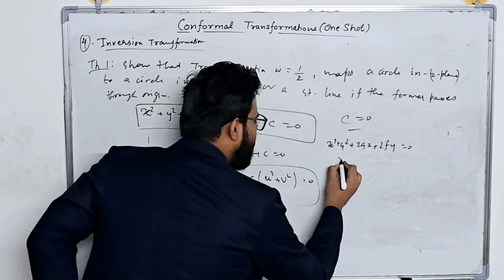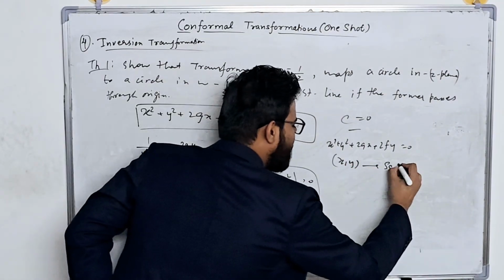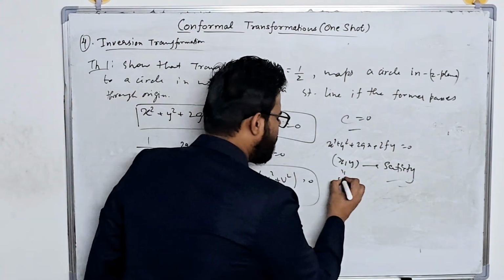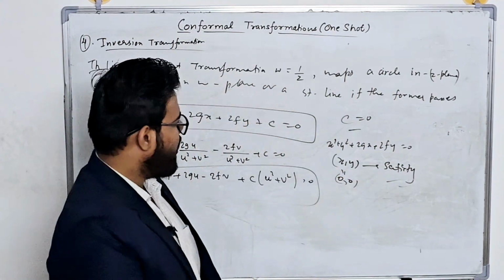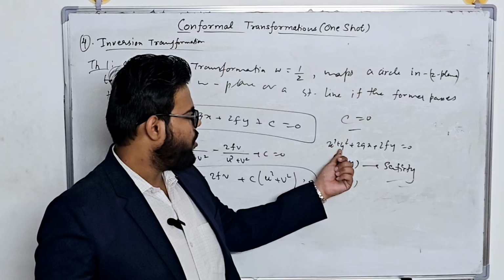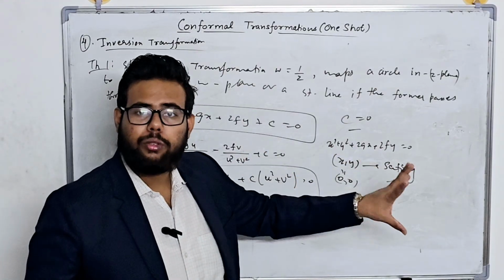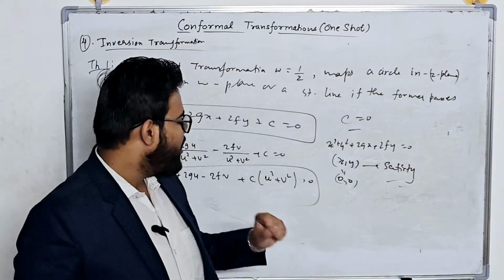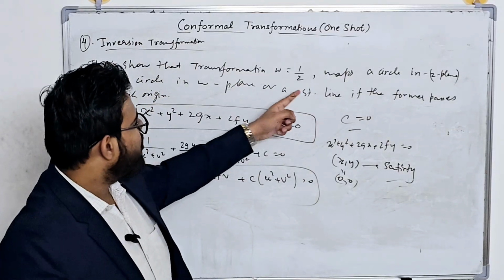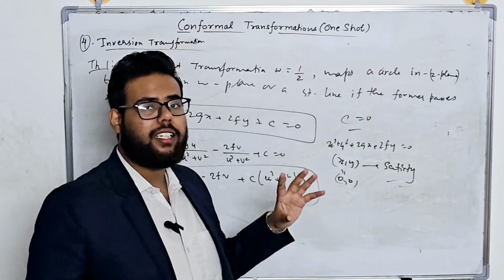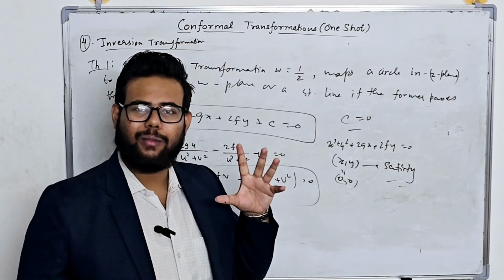So notice that x comma y equal to 0 comma 0 will satisfy this equation always, because x is equal to 0, y is equal to 0, 0 plus 0 is equal to 0. Hence it is passing through origin if c is equal to 0. Hence if it passes through origin, then it is a straight line, and if it does not pass through origin, then it is a circle, right? Understood theorem 1? Okay.